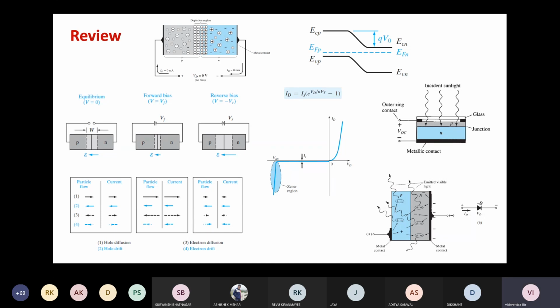So it has huge application in modern times, and we tried to understand the basics of these devices. So this is the point where we finished the discussion.